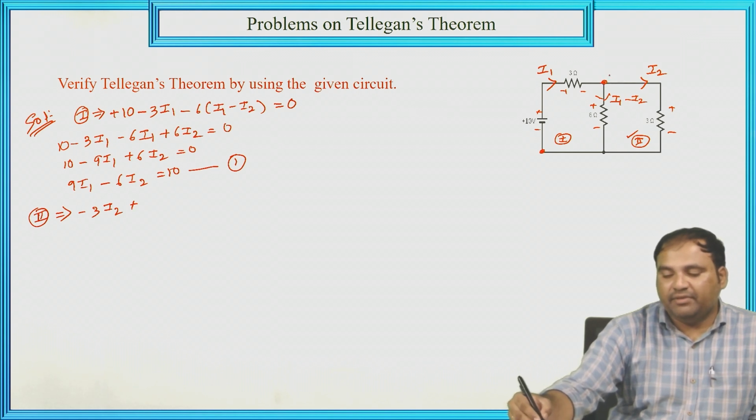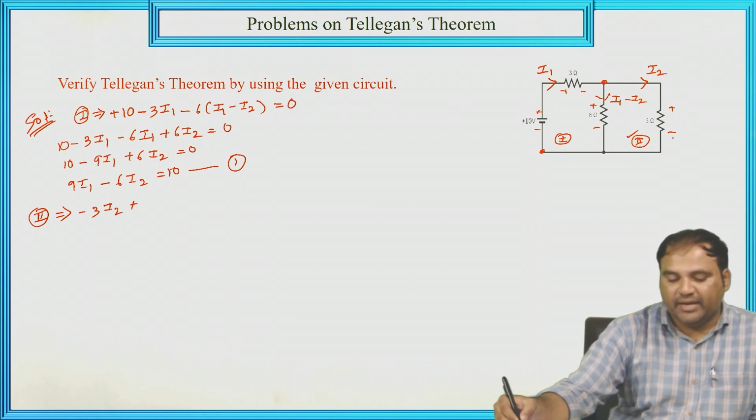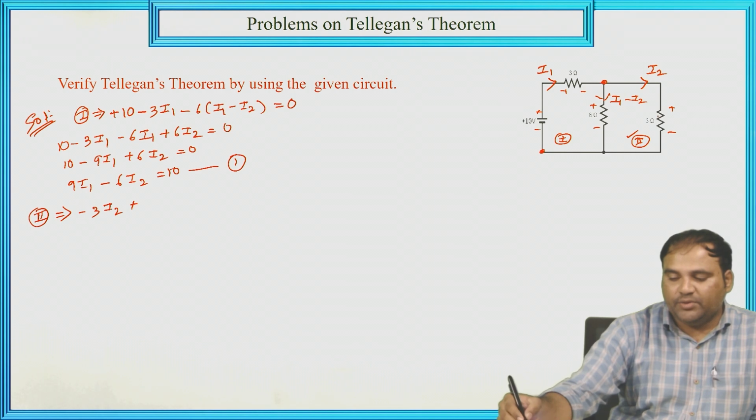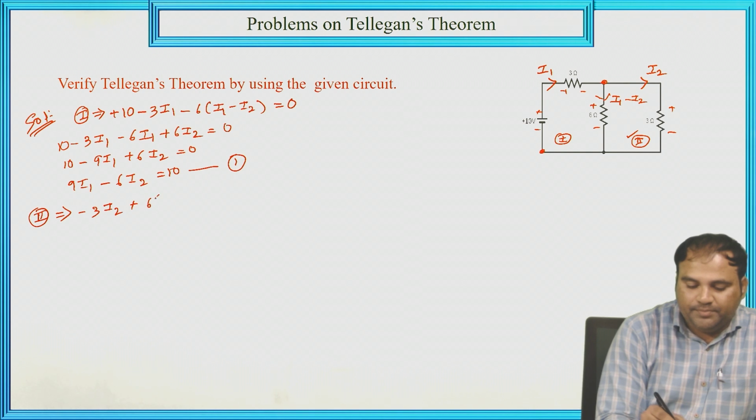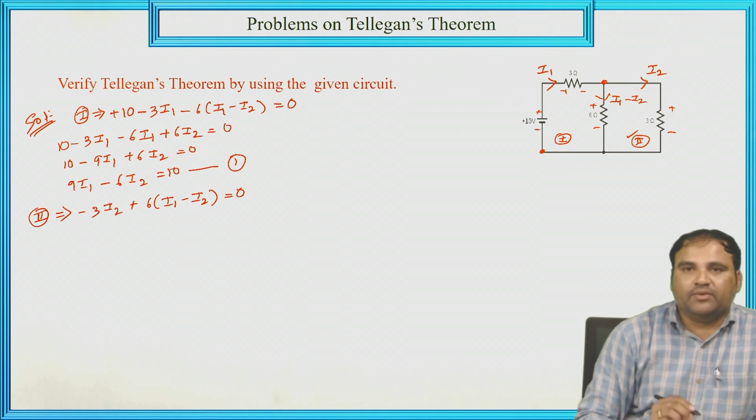When I am starting from this point, the second polarity is minus 3I2, and here at 6 ohm the second polarity is plus. So 6 into (I1 minus I2), that should be equal to 0.